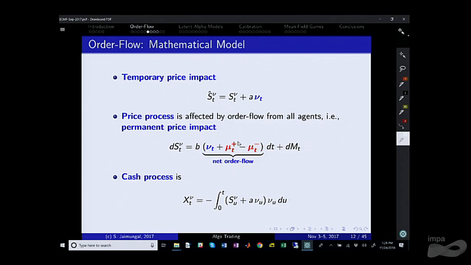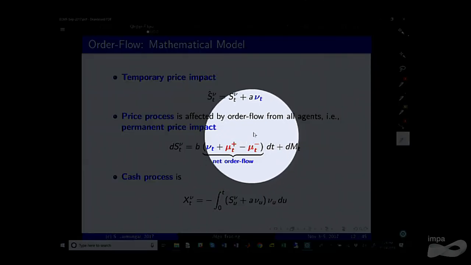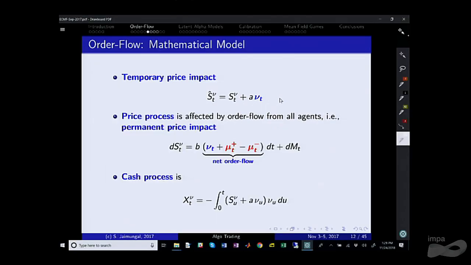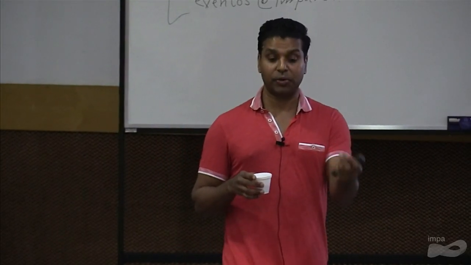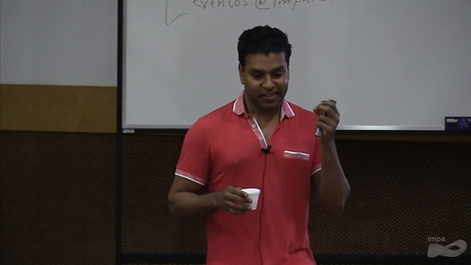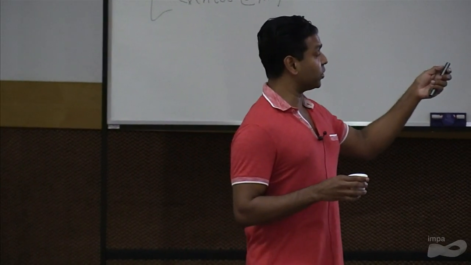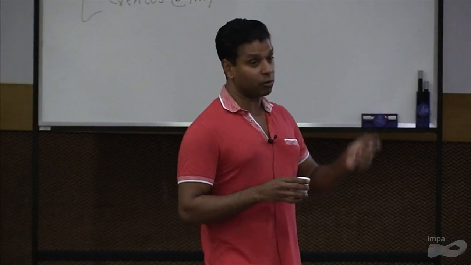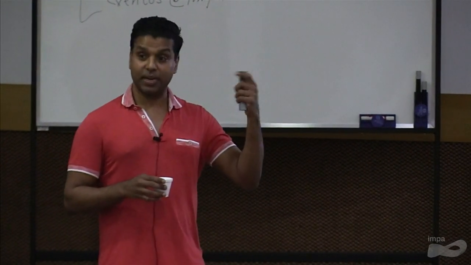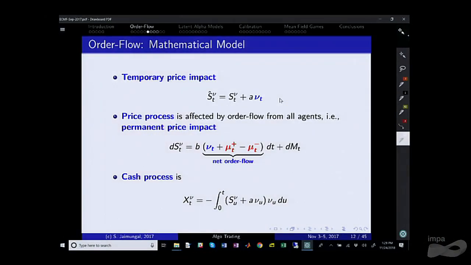Next, we saw earlier that there's this temporary type of price impact, either naively from walking the order book or by saying if we send orders in a short time frame, it's going to have an impact. We're not going to receive the execution price, we're going to receive something worse than that, and the amount worse is given by that slope A. So A is the temporary price impact parameter.